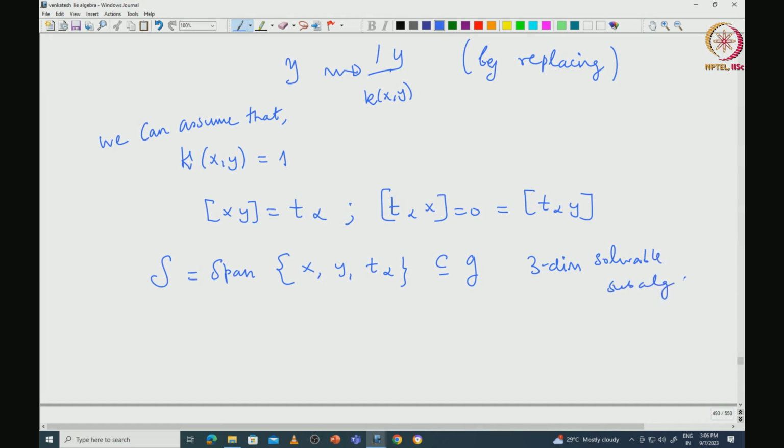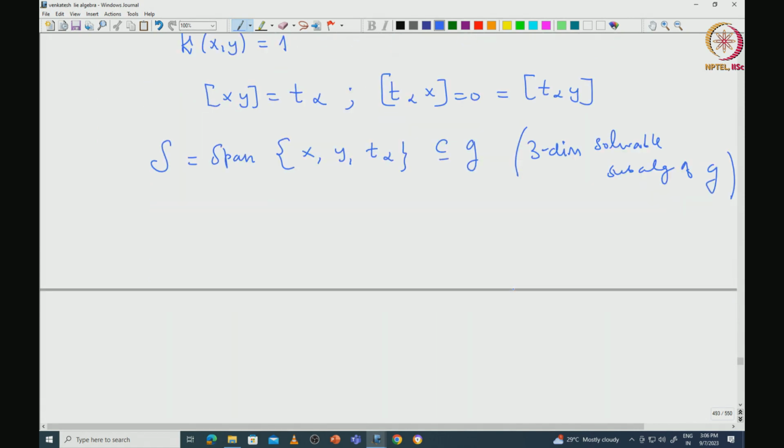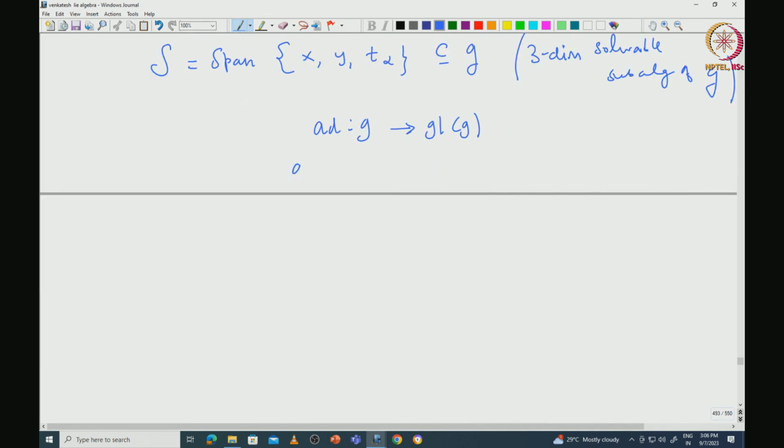Now if we look at it, the ad map is one to one from g to GL of g. In particular, if you restrict this ad map to S, then it must be injective.